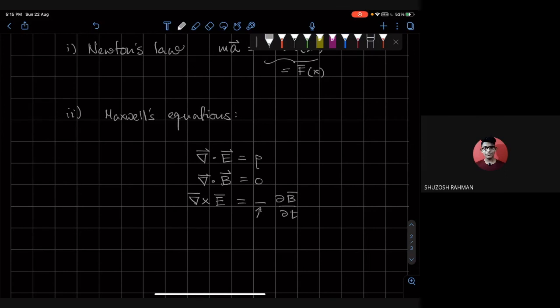And this equation is very, very useful because transformers are built out of the insight into this equation, right? Or generators, for example, in a hydroelectric generating station, the water basically spins around a loop of wire in a strong magnetic field.